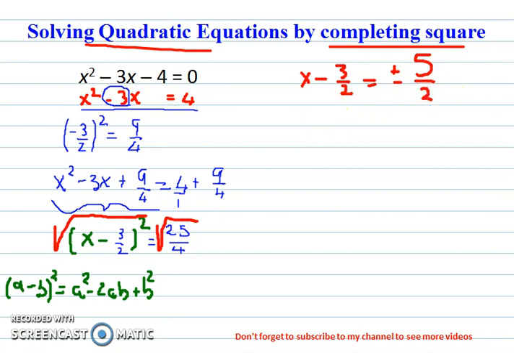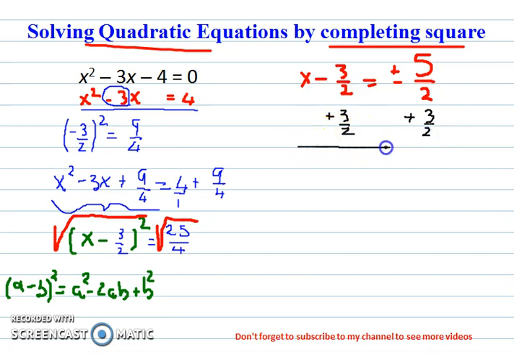If I move the 3 over 2 to the right side, I need to add 3 over 2 to both sides.